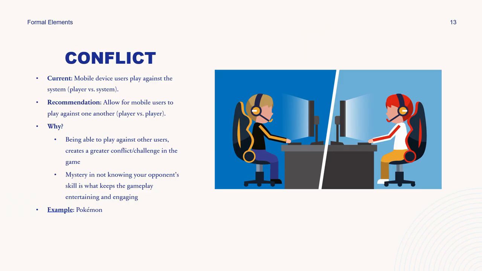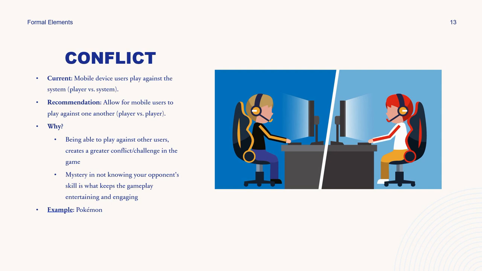And then lastly, my recommendation. My recommendation for this game is to improve the conflict in this game. Of course the conflict is fighting against these zombies, and fighting against those different challenges that you have to deal with in the game.